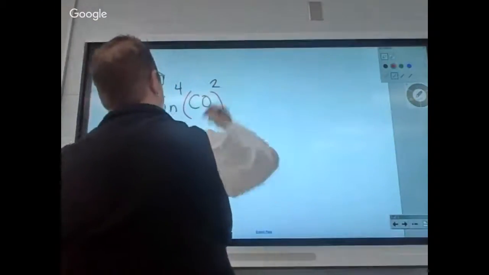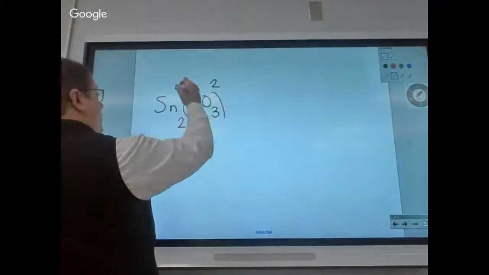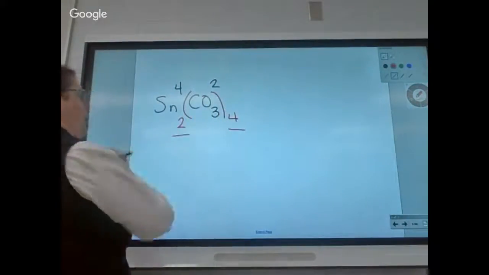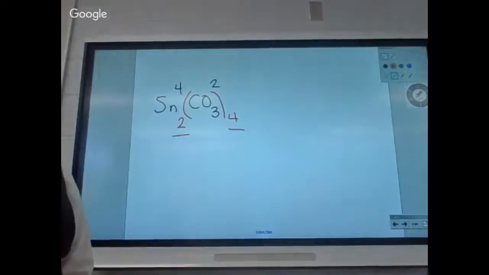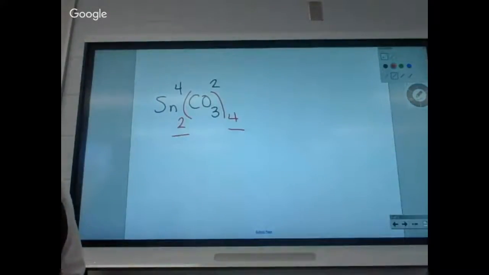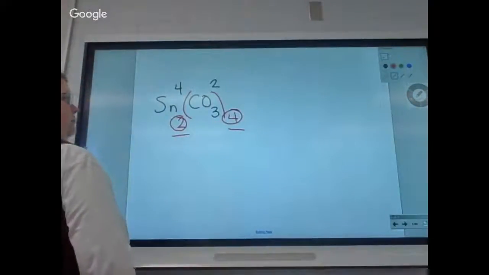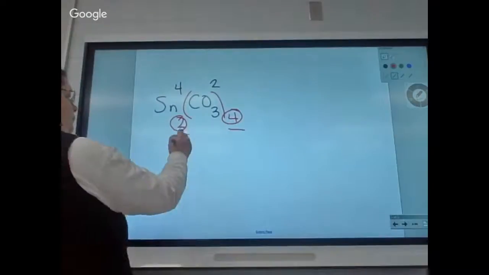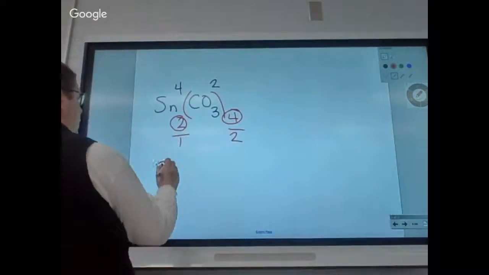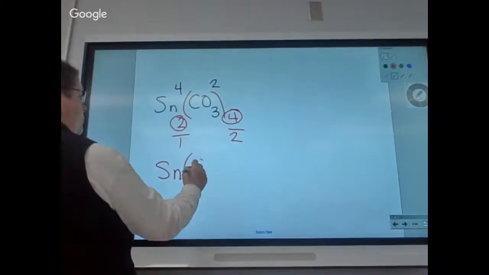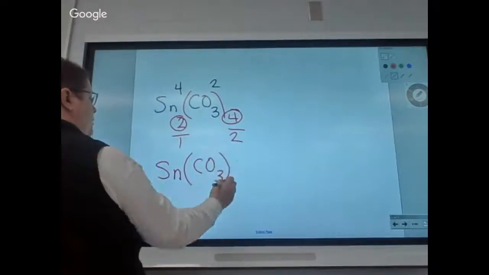When I put in my parentheses and bring my 2 down and my 4 down, I have to reduce, because I noticed when I wrote my oxidation numbers down. This 2 and this 4 in math class reduce to a 1 and a 2. So when I rewrite, that's going to be a 1 and that's going to be a 2.